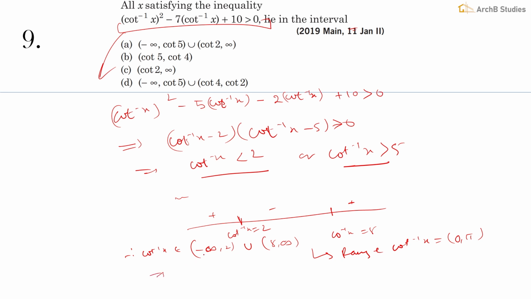So we have to write this as cot inverse of x belongs to 0 comma 2. So x will be cot 2 to infinity. So this will be the right answer.